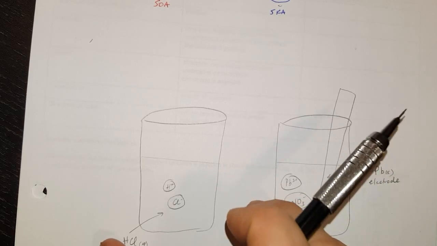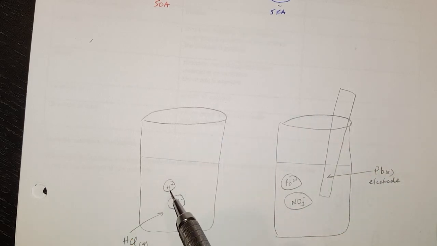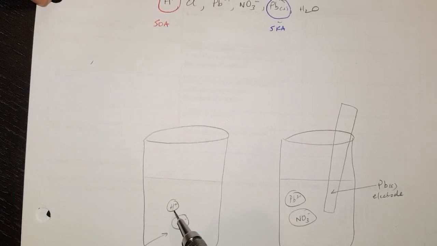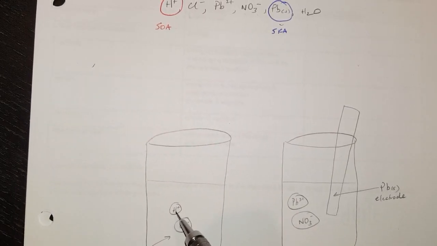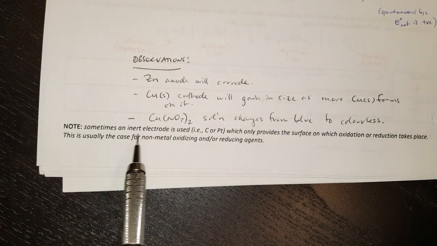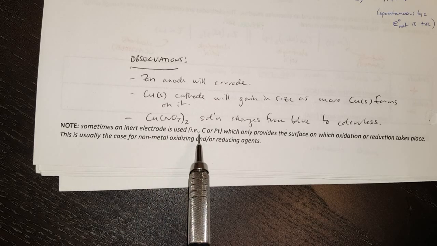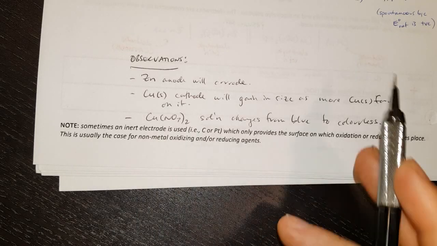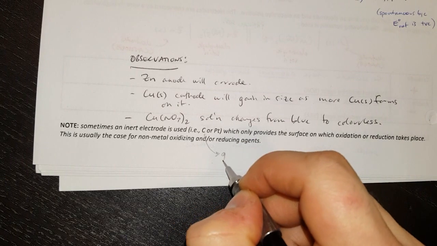So what electrode could I use to provide a surface where the H+ can react? If we flip to the previous page, it says, note, sometimes an inert electrode is used, carbon or platinum, and when we say carbon, we mean graphite.